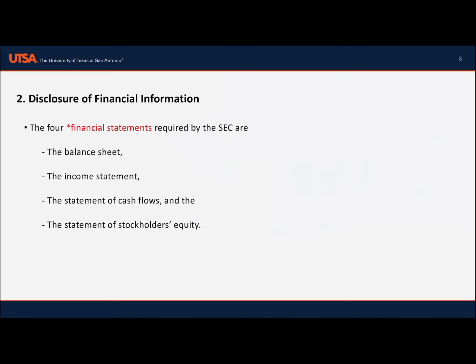So the four financial statements required by the SEC start with the balance sheet. The balance sheet is the financial statement that enumerates, as of a point in time, what an economic unit owns and its net worth. So what have the owners invested in a firm?